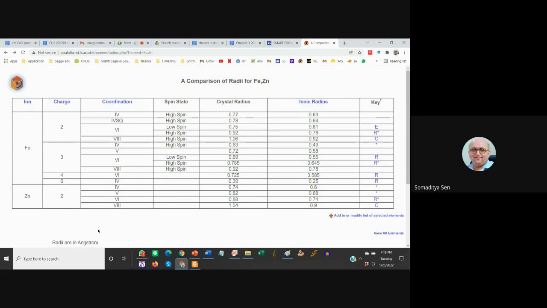Similarly, if you put a 3+ in the fourth coordination, you can see that the radius is 0.63, which is much, much smaller than zinc 2+. Now, when you do this, what happens? You have incorporated a higher charge ion into the lattice.